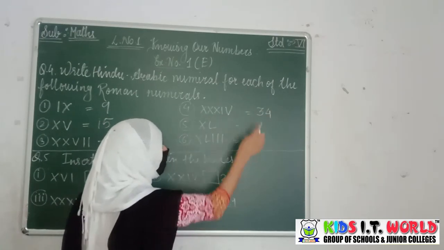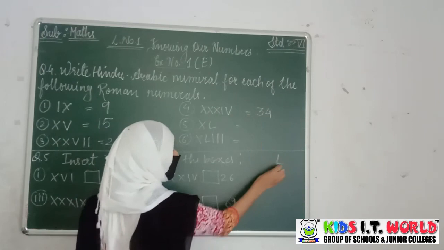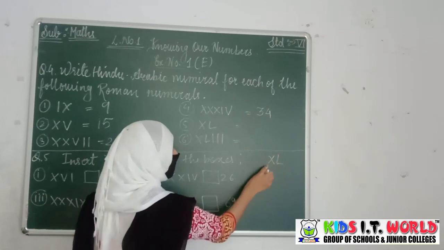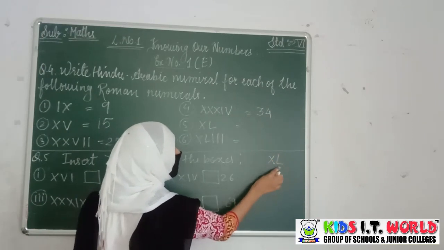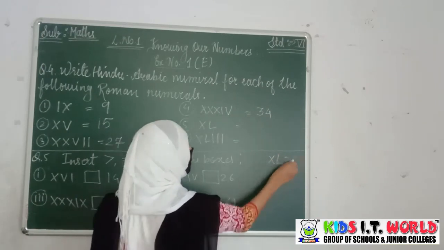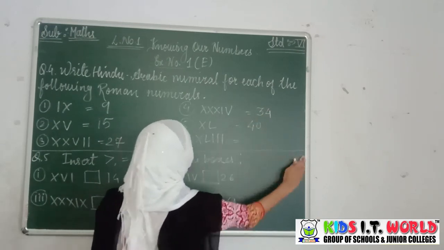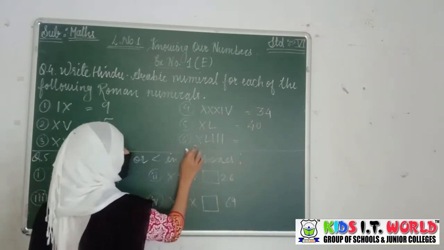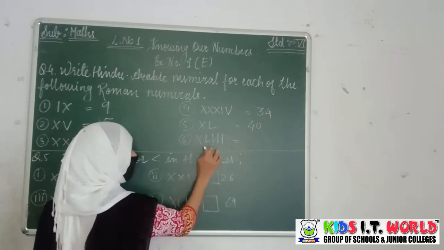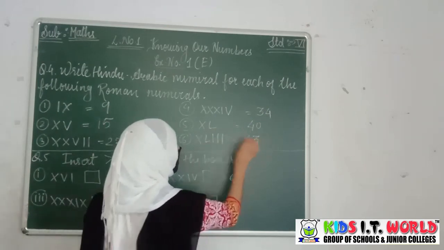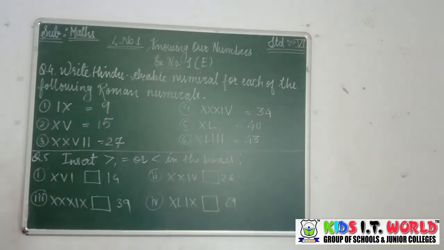XL: I told you in the previous question the value of L is 50, and if I write XL, it is 50 minus 10, so you will get the value of 40. Here XL stands for 40 and this is 3, so it is 43.